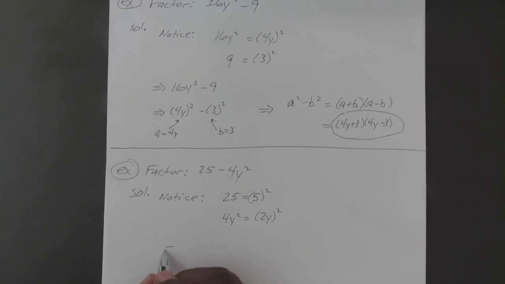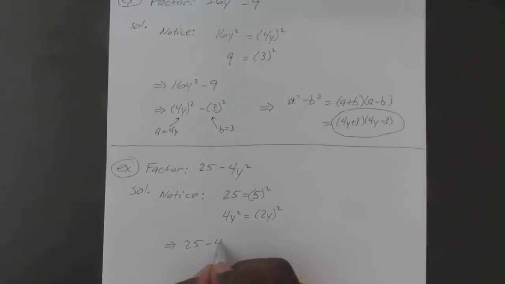So instead of 25 minus 4y squared, we can rewrite it as 5 squared minus 2y squared. So we have our difference of squares. In this case, our a is equal to 5, and our b is equal to 2y.